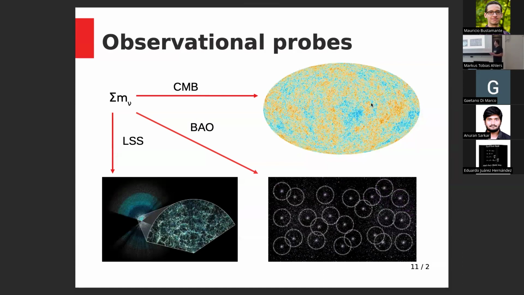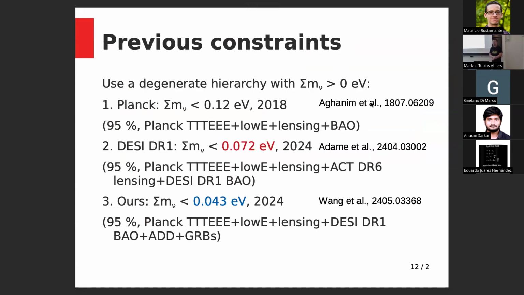To measure neutrino mass, we mainly have 3 probes. The first is the CMB, the second is baryon acoustic oscillations, and the last is large scale structure observations, for example weak lensing, galaxy clustering, and many tracers. The previous constraints on neutrino mass assume the lambda-CDM model plus a free neutrino mass Mν.